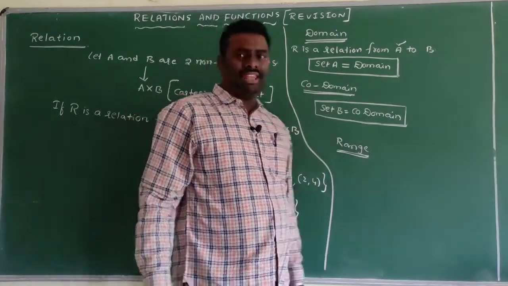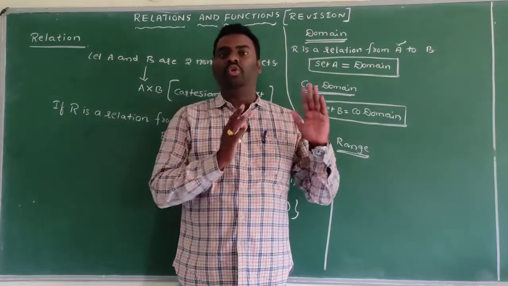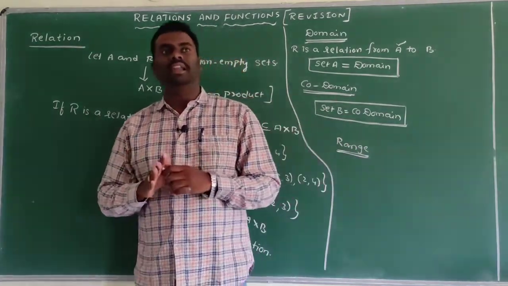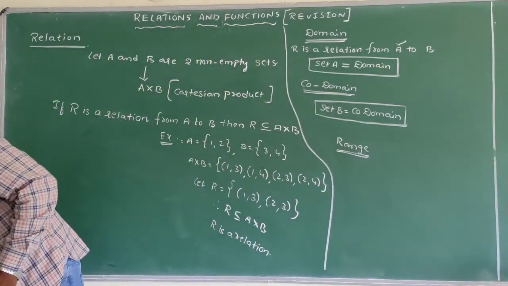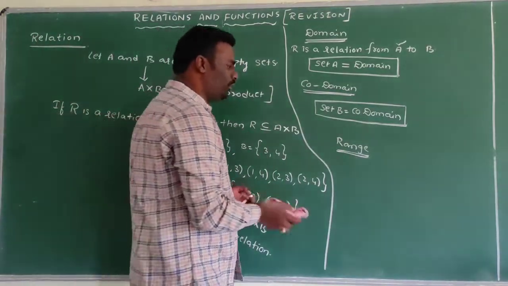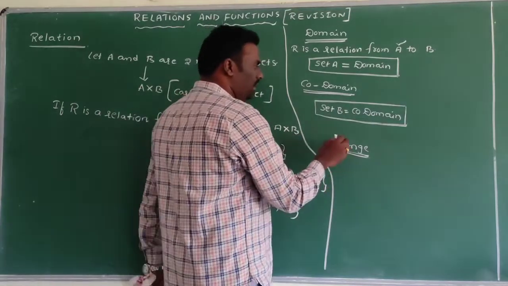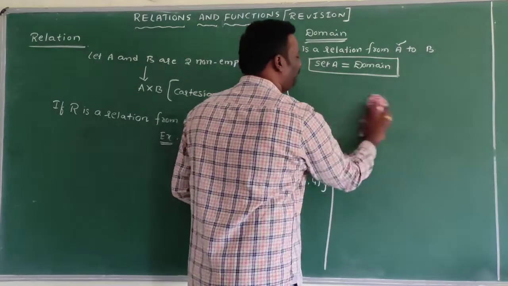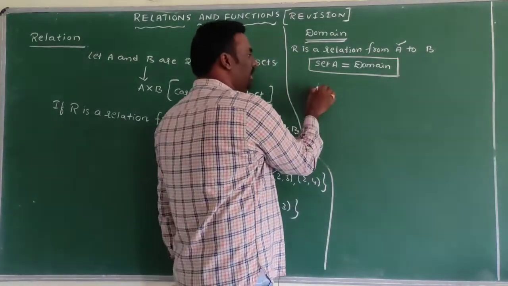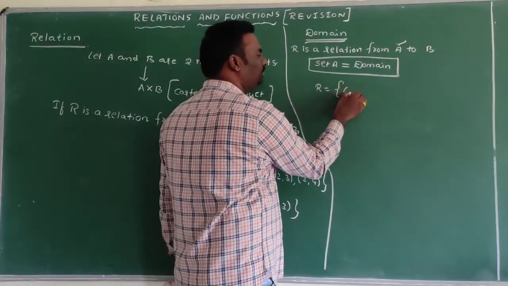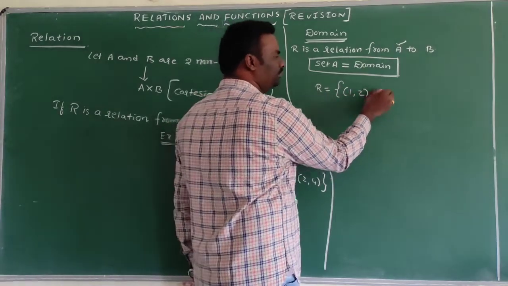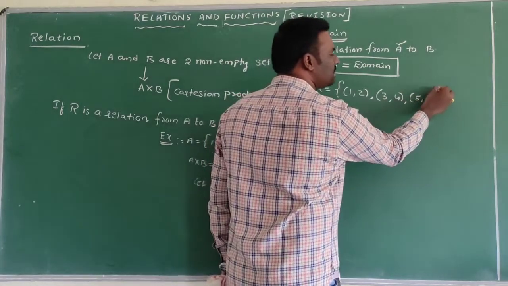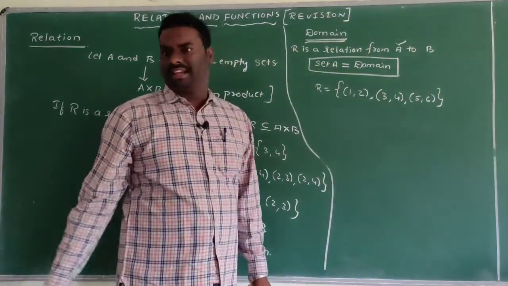Okay, next, what is the difference between codomain and range? Codomain and range are not equal. I am giving an example. If you take R equals {(1, 2), (3, 4), (5, 6)}, this is a relation.